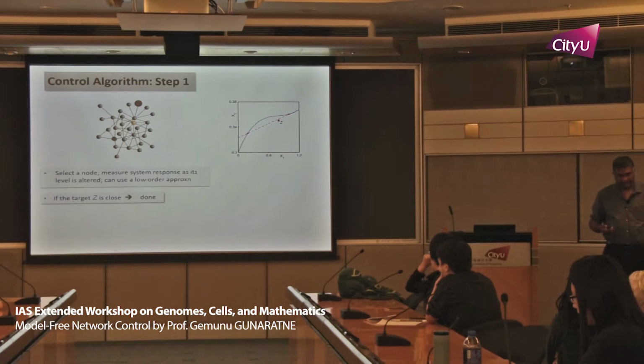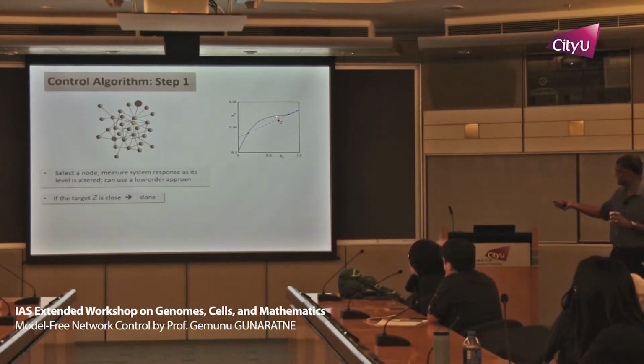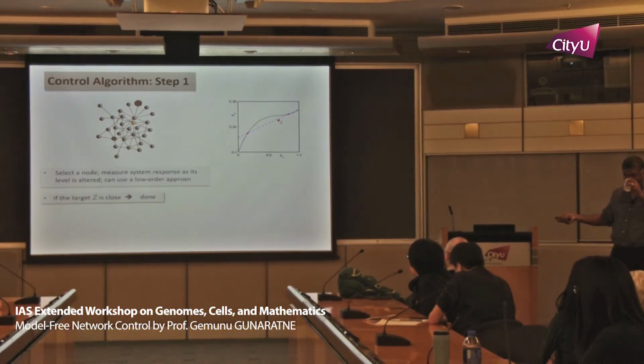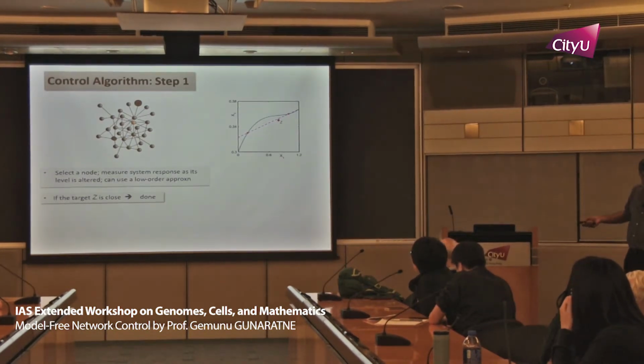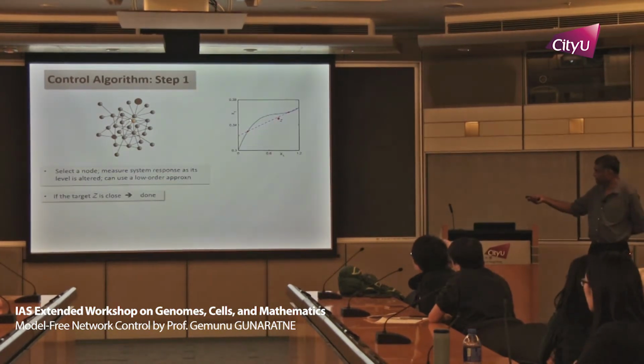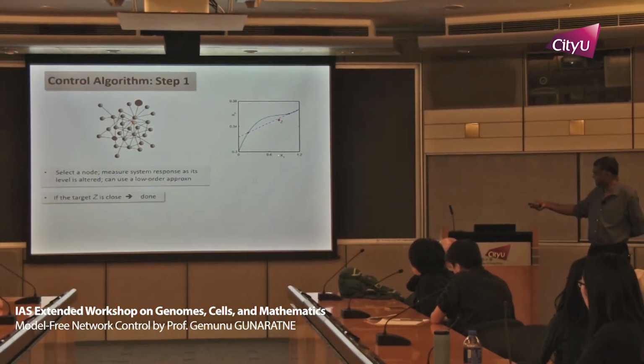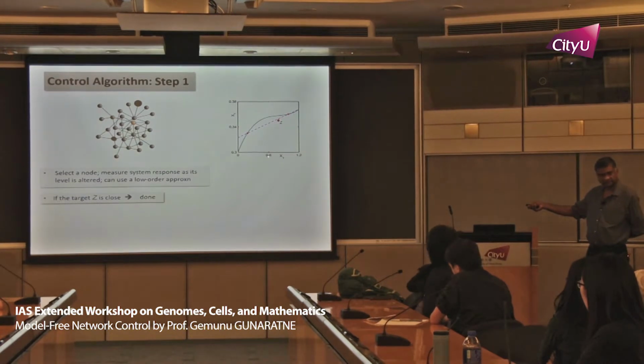Now suppose my target set, the one where I want to get to, turns out to be near this line. Then I'm done. All I have to do is take this one gene and externally add or subtract so that its value is here.